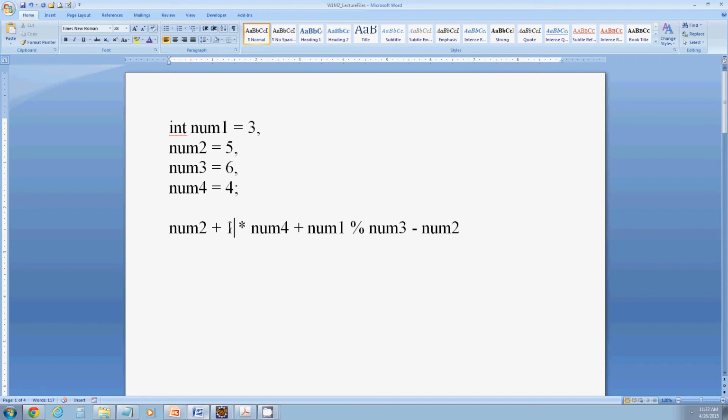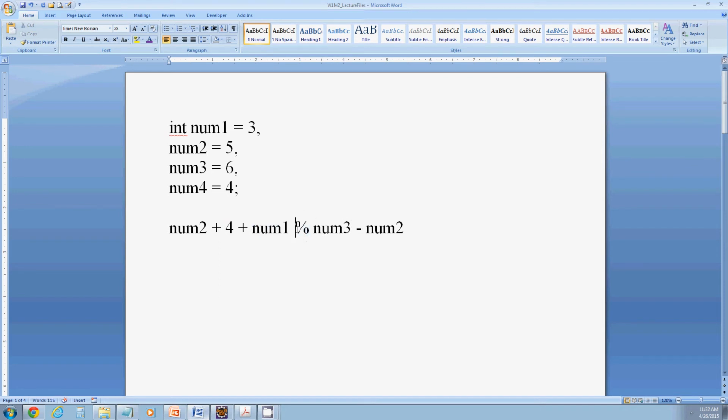Now we keep looking, so we pick up where we left off, and we keep looking for the same level of precedence, which is multiplication, division, remainder. So here we find the next one, 1 times num4. 1 times num4 is 4. So now we keep scanning.